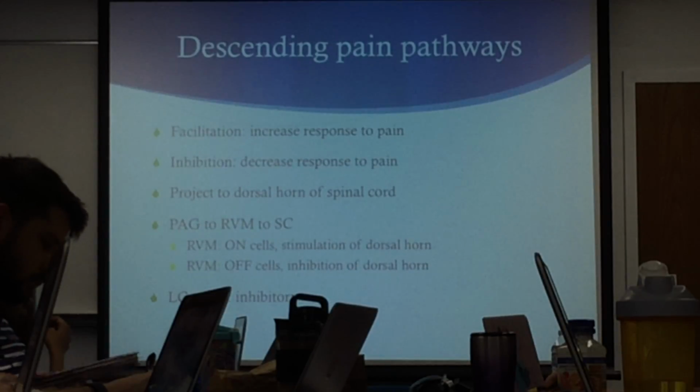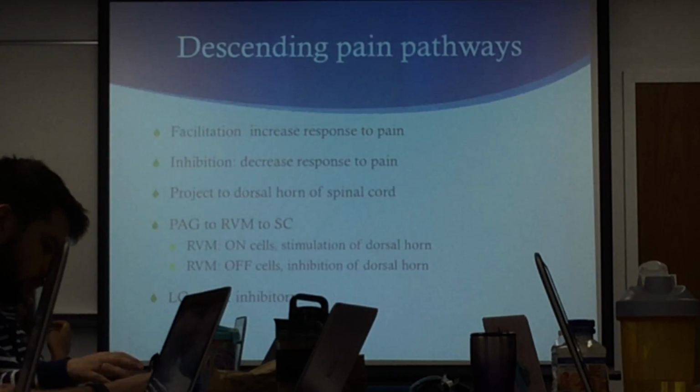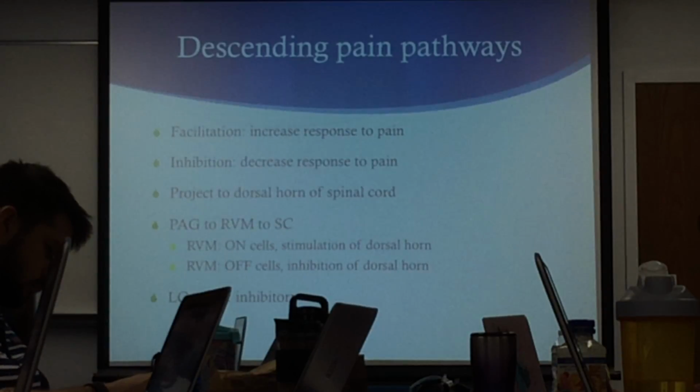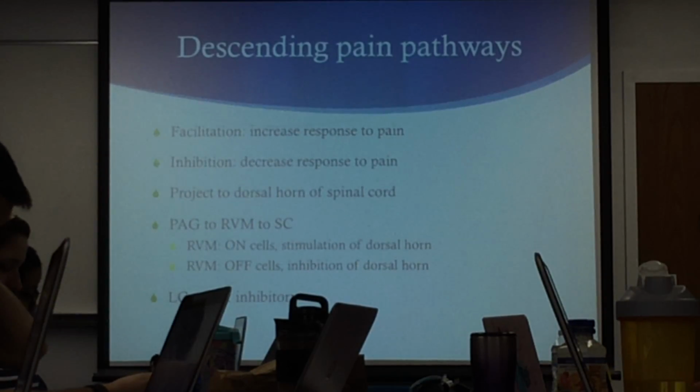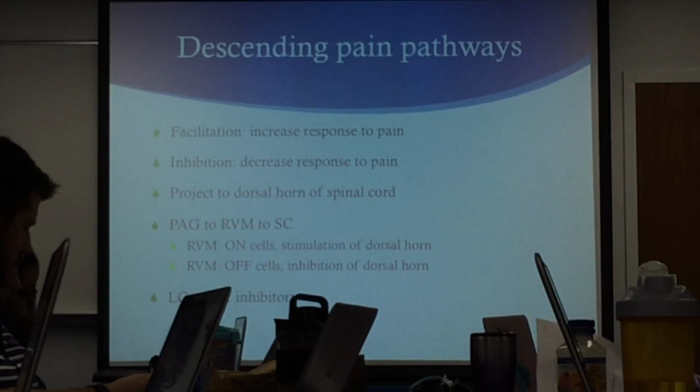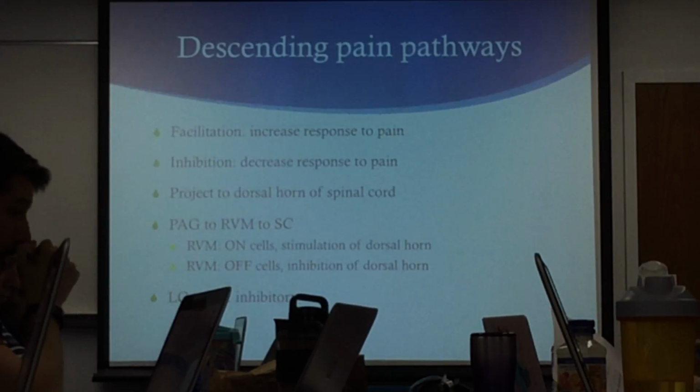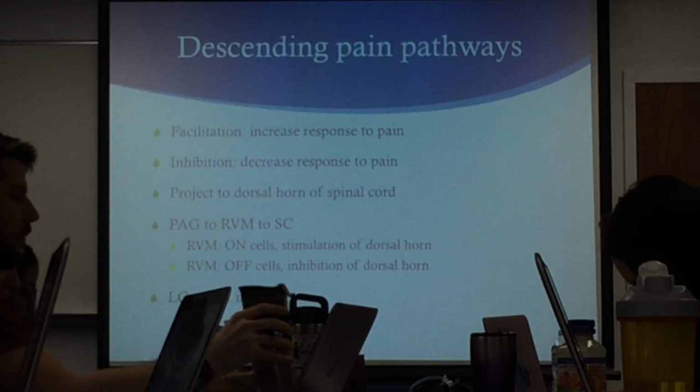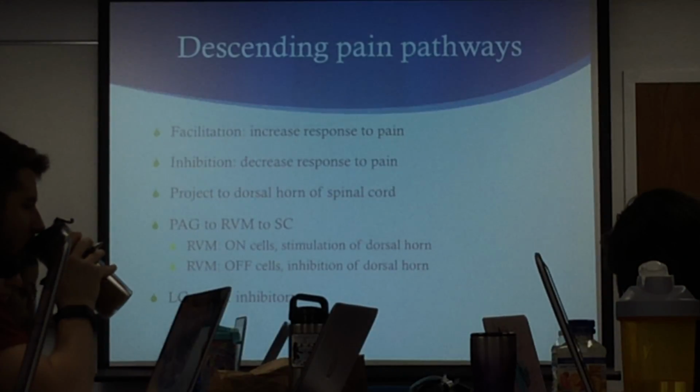The RVM has two types of cells that are functionally defined, so they're not defined by any characteristics other than their function. ON cells are cells that, if you stimulate them, will stimulate the dorsal horn and increase the response to pain. It's the exact same incoming stimulus, but it's encoded as being more painful if the ON cells have been stimulated.